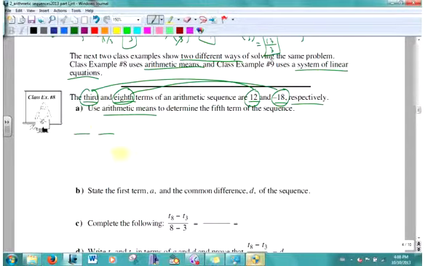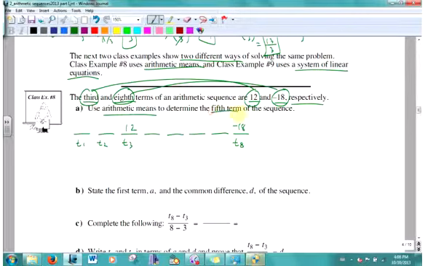Put these lines in. That's the first term. That's the second term. I know the third term. Okay? That's 12. I don't know the 4th. I don't know the 5th. The 6th. Don't know. 7th. 8th is minus 18. Okay? That's it. That's all I got.